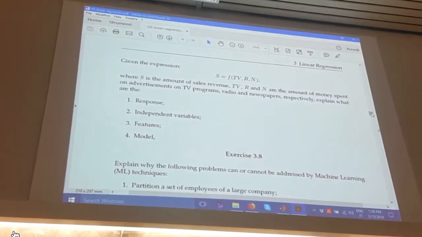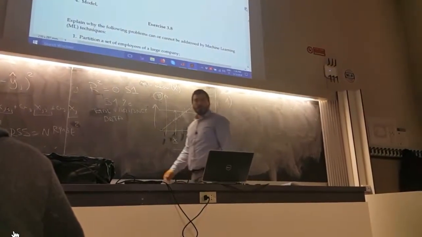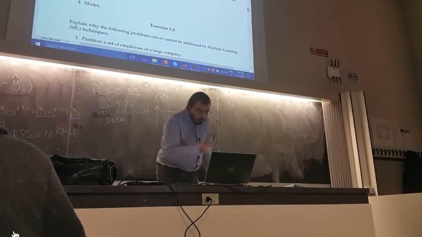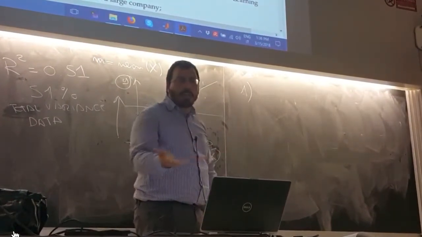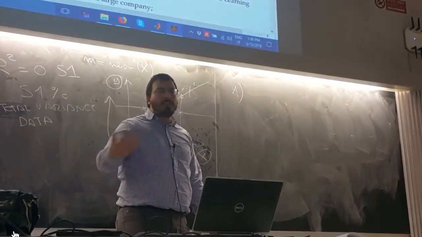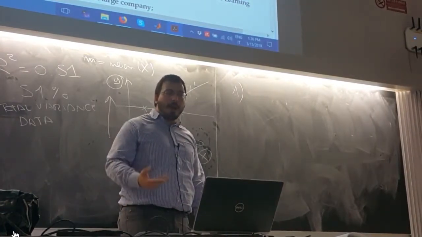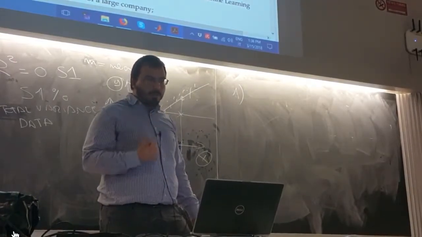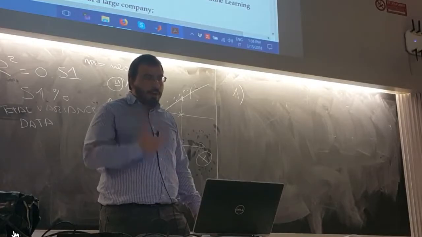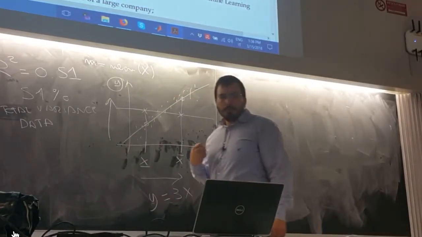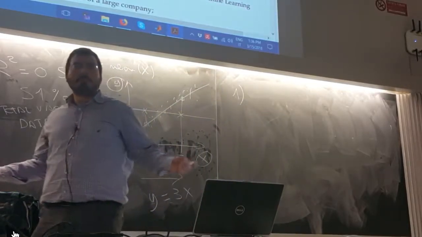So, first, what's the response of this model? It's a regression model somehow, since it's predicting the amount of sale revenue given how much I'm investing in advertising on radio, on newspaper, or on TV program. So what's the response of this model?